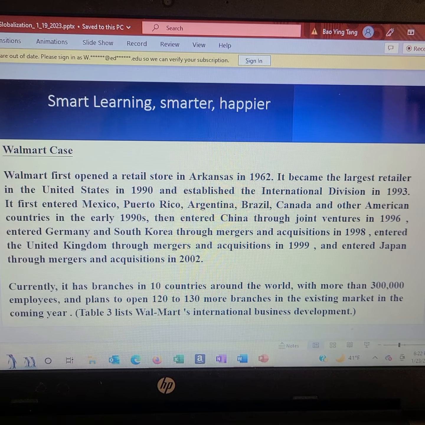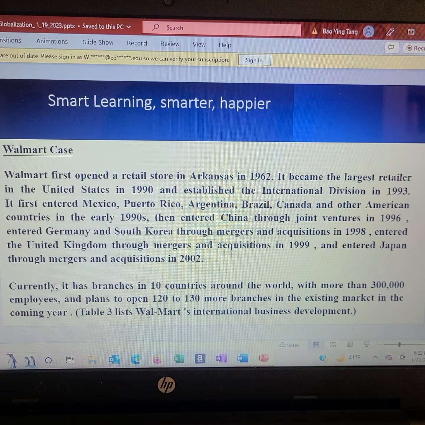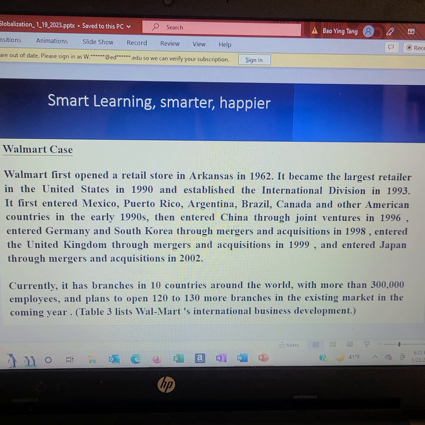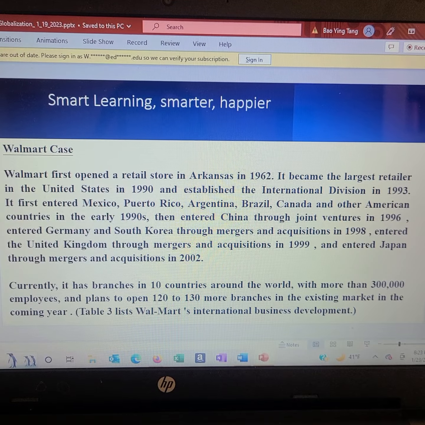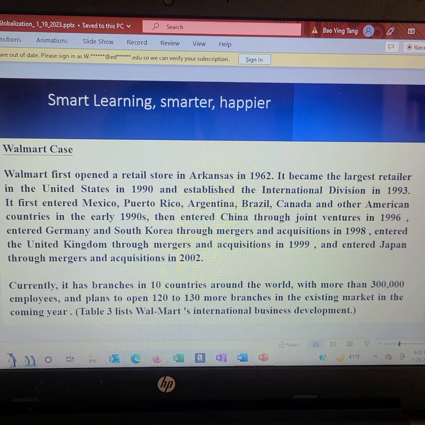Then entered China through joint ventures in 1996. It entered Germany and South Korea through mergers and acquisitions in 1998. It also entered the United Kingdom's market through mergers and acquisitions in 1999.